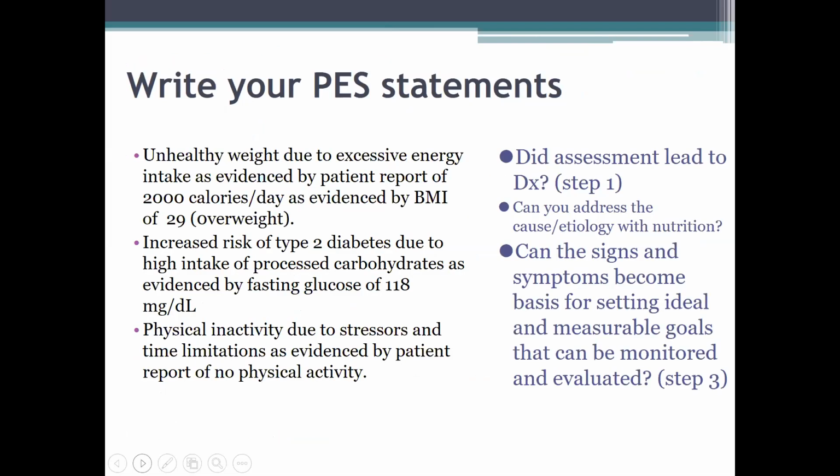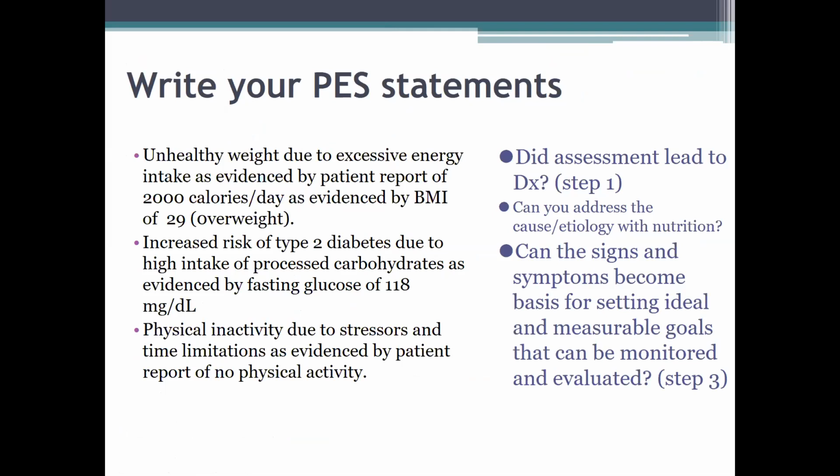So I gave you 3 PES statements, and while we go over them, I just want to also be evaluating them. Especially when we think about the problems, is this all from that assessment data that was on the previous slide?